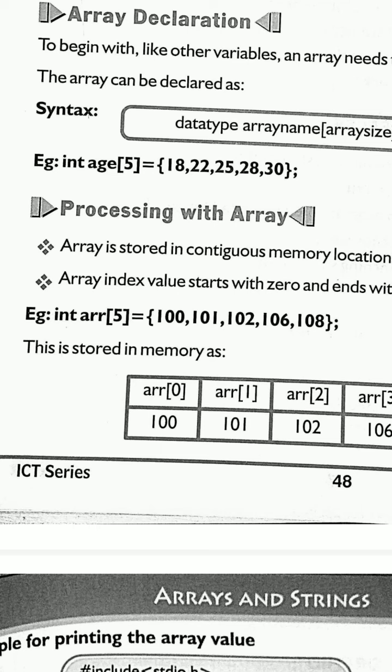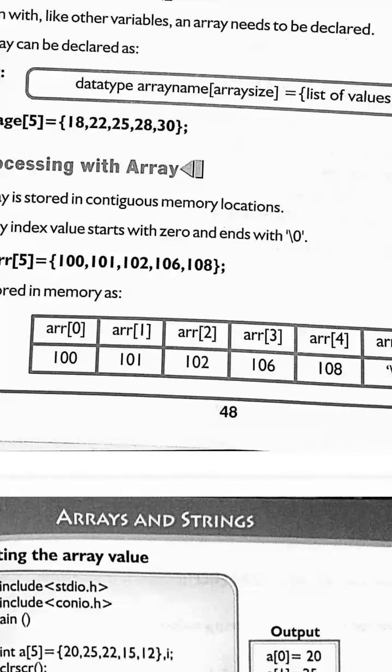Each value is assigned a subscript value. Subscript value means you can see 0, 1, 2, 3: ARR 0, ARR 1, ARR 2, ARR 3, ARR 4, and ARR 5. ARR 0 is 100, ARR 1 is 101, ARR 2 is 102, ARR 3 is 106, ARR 4 is 108, and ARR 5 is null.